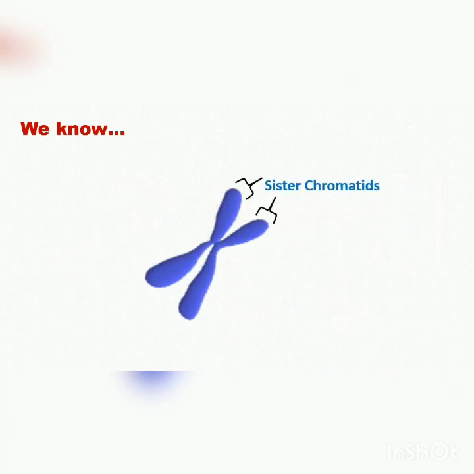So here keep in mind that the structures of chromosomes in mitosis actually represent duplicated chromosomes. Now we know that every chromosome consists of two sister chromatids that are attached to each other along the length, except for one region where they are specifically bound, which is known as the centromere.